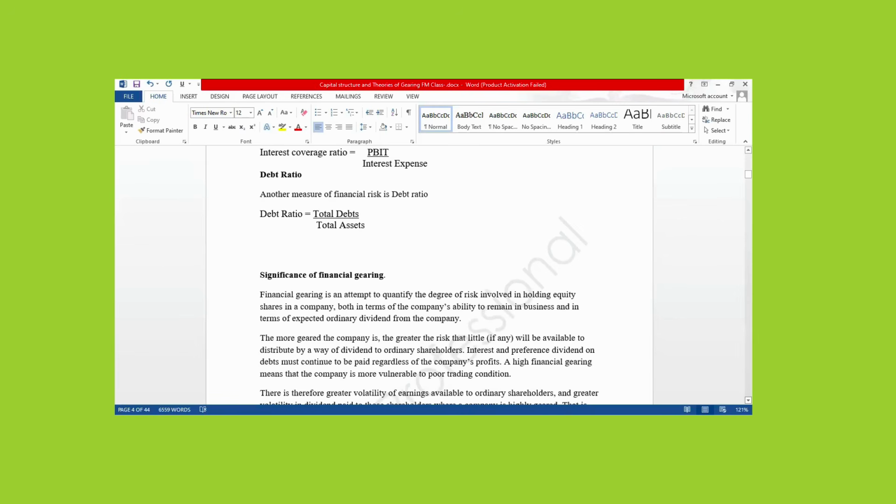It measures the ability of a company to continue in business, to remain in business and to make returns to the investors, in terms of the ability of the company to pay dividends to the shareholders.